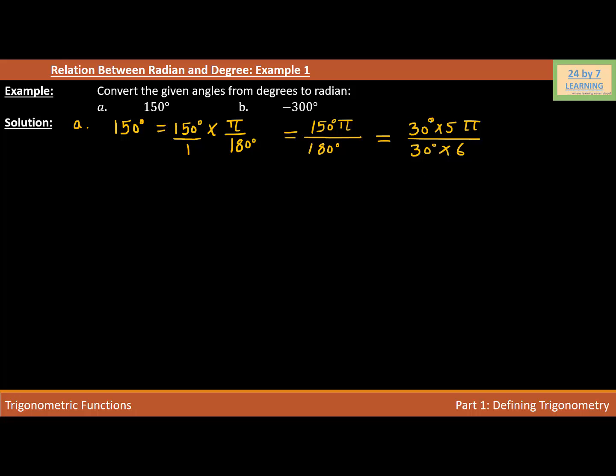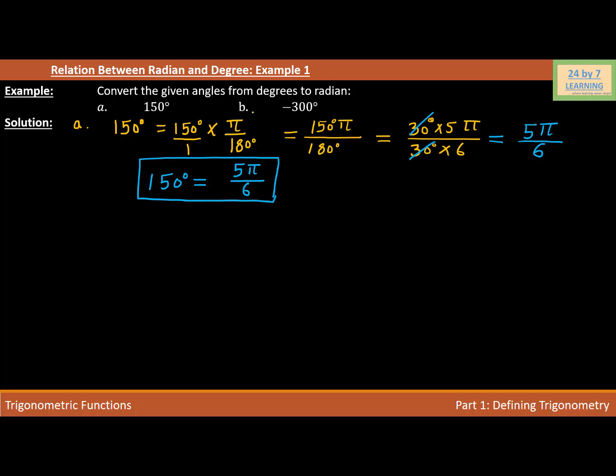As you can see, 30 is common at numerator and denominator, so we can cancel this out. We have only 5 pi left over 6 at the denominator. So 150 degree is equal to 5 pi over 6 radian.